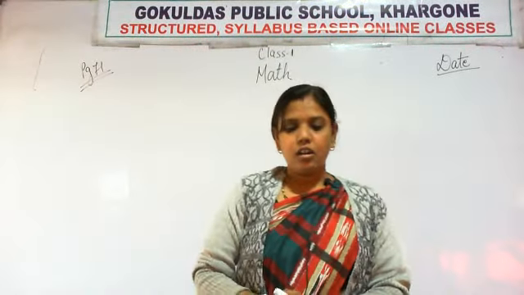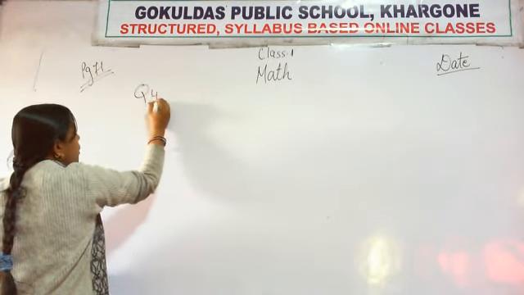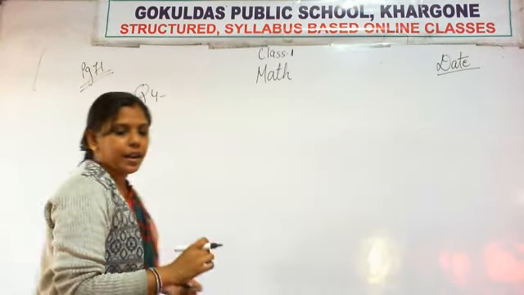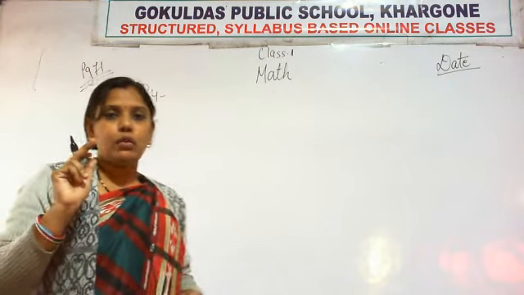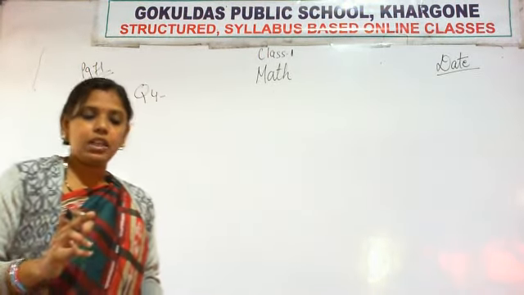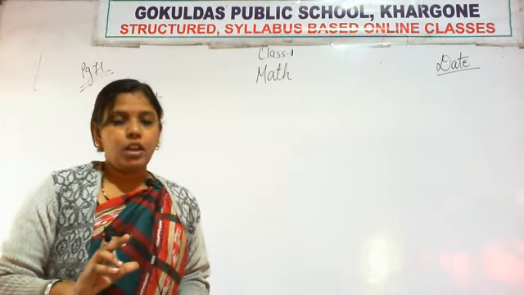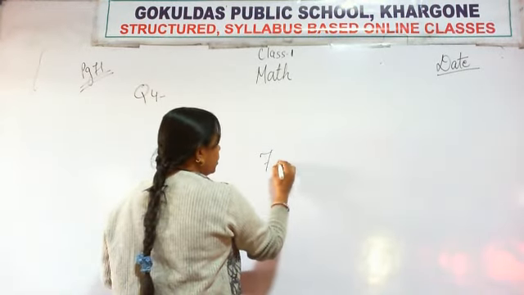Written. Now write question 4. Question 3 already we have done. Now write question 4: add, subtract. In our previous lecture we did question 3, add, subtract horizontally. In that question we did addition and subtraction both, and the question was given horizontally, that means in this form.